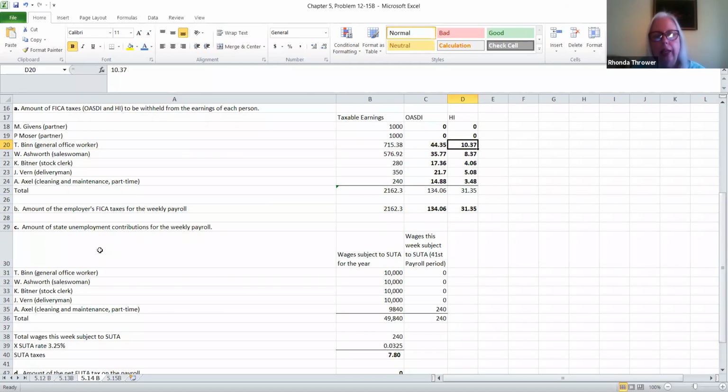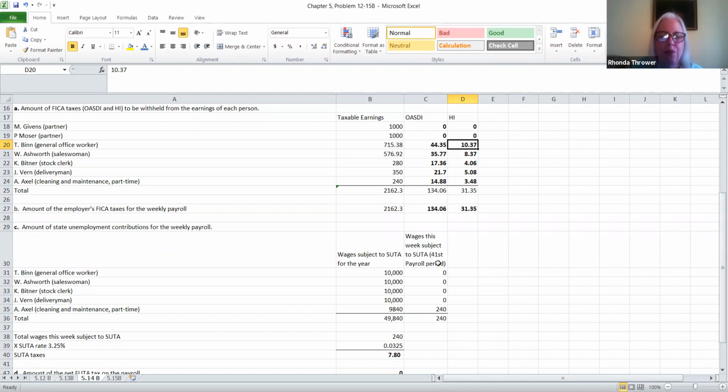In Part C, they want the state unemployment contributions for the weekly payroll period. And so what you really need to know are what the wages are that are subject to SUTA for the 41st pay period. Remember that your SUTA wages have a ceiling of $10,000.